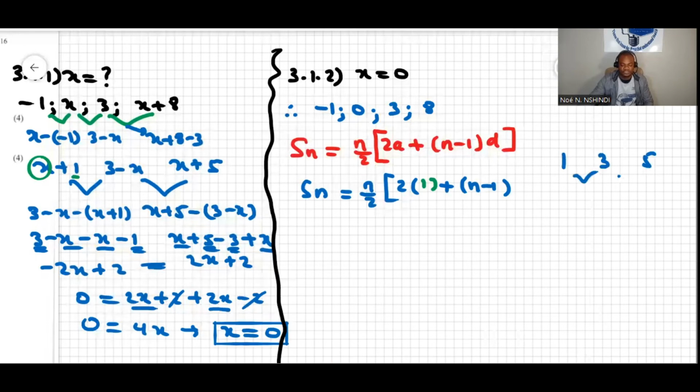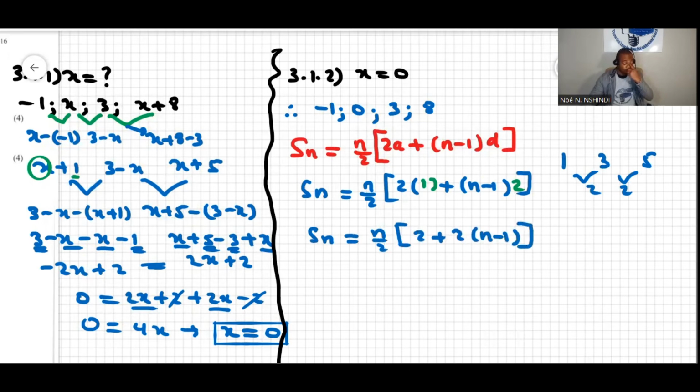So the constant difference is obviously 2. So we multiply by 2 there.